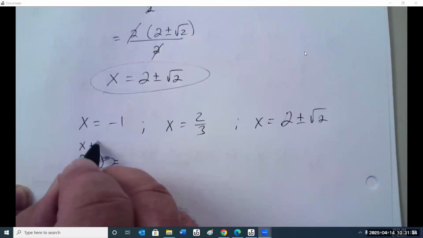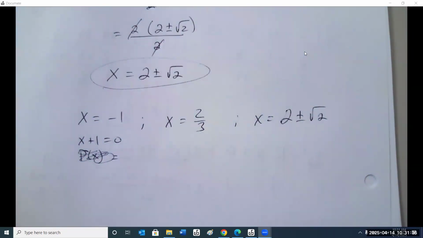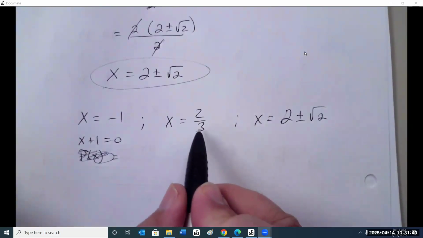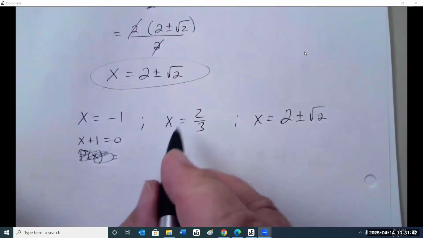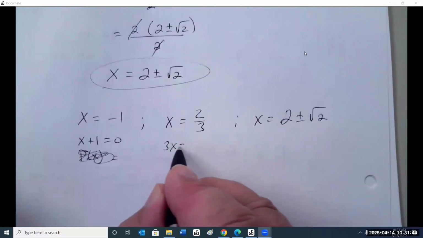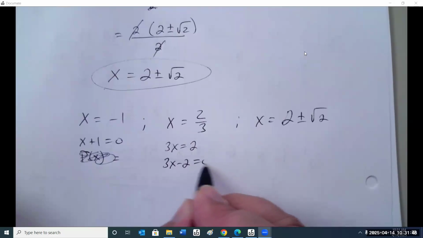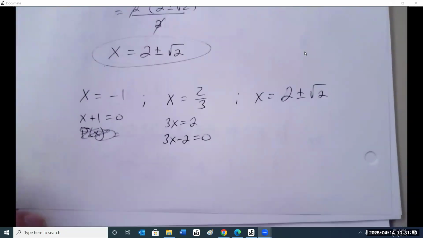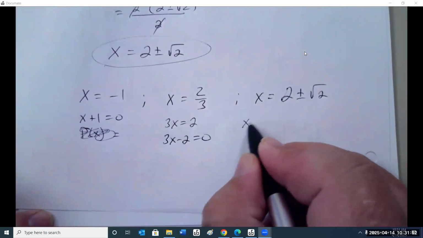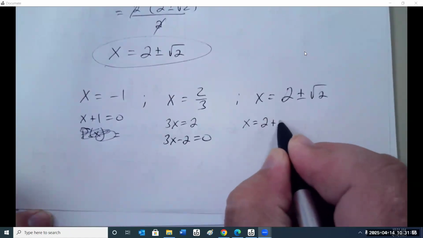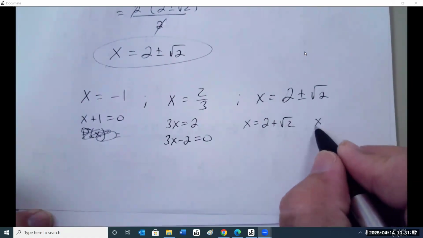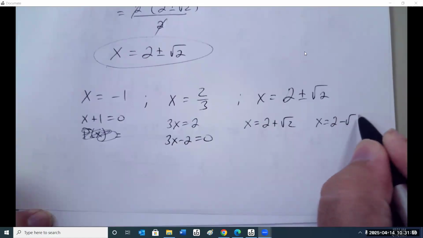So we have x plus 1 is equal to 0. This one's a fraction, so we have to multiply by 3 first, and then subtract by 2. And we have x equals 2 plus radical 2, and x equals 2 minus radical 2.